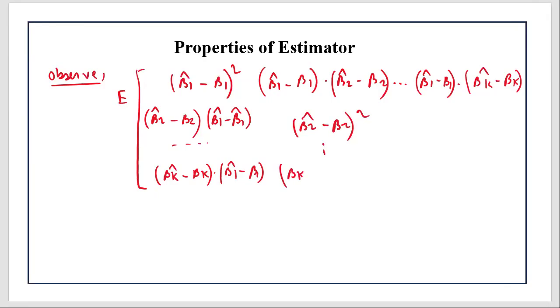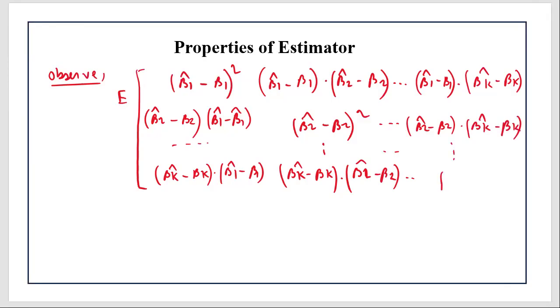Here you will have beta k cap minus beta k and beta 2 cap minus beta 2, and beta 2 cap minus beta 2, beta k cap minus beta k. The matrix looks something like this. And the final term will be beta k cap minus beta k whole square. Right? So this will be the entire covariance matrix.